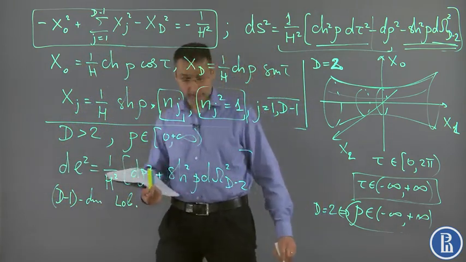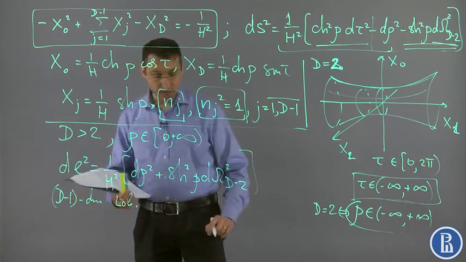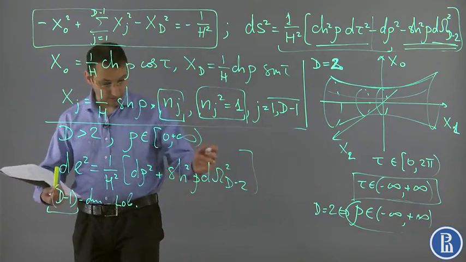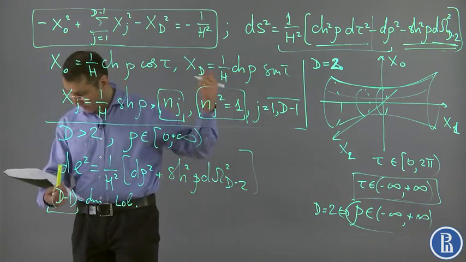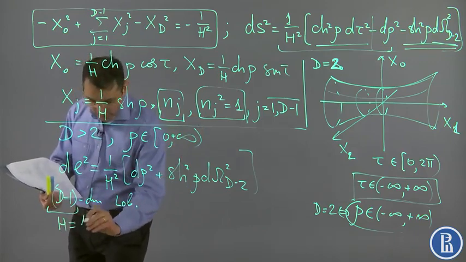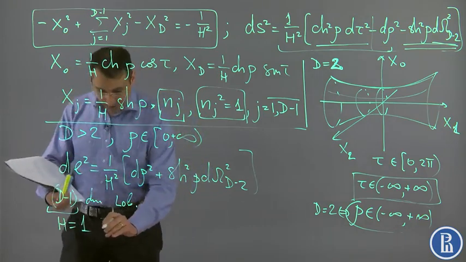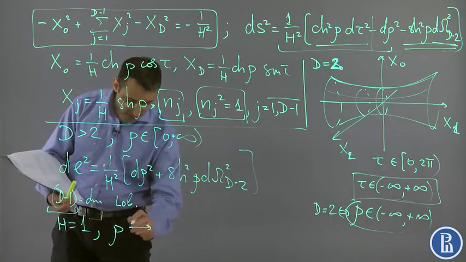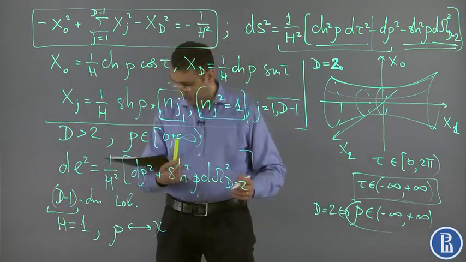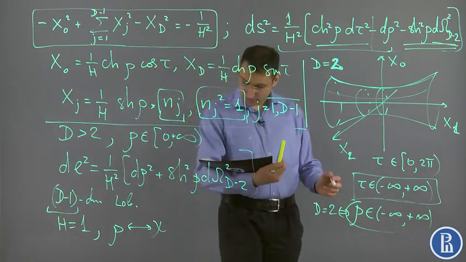We have encountered it for the three-dimensional case. One can obviously see that the metric we have been considering before is obtained from this one when h is equal to 1 and rho is exchanged for chi. We have been using different notation for this coordinate before.